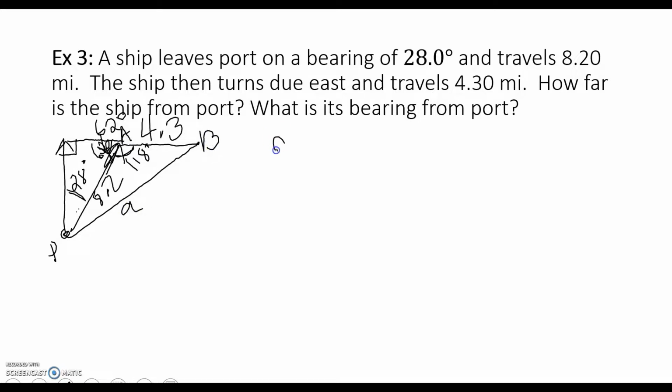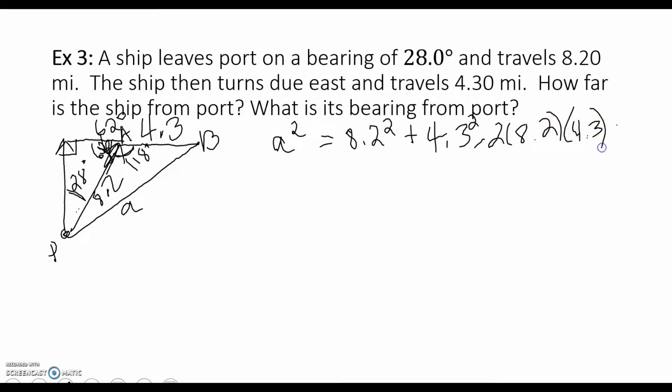So little a squared is equal to b squared, which is 8.2 squared, plus p squared, which is 4.3 squared, minus 2 times little b times little p, 8.2 times 4.3, times the cosine of the 118 degrees.